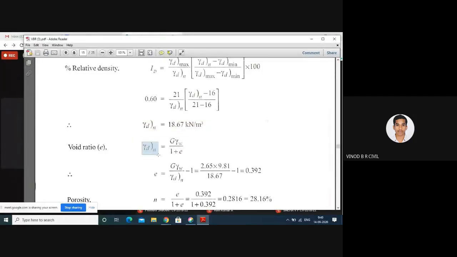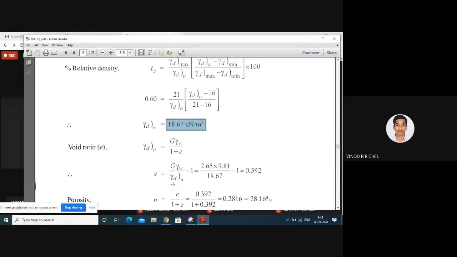You know the value of gamma d. G is the specific gravity, given in the problem. Unit weight of water is 9.81. One is the constant value, and e you don't know. Therefore, e is equal to G, specific gravity given in the problem, into unit weight of water 9.81, divided by gamma dn, which you already calculated, 18.67, minus 1.